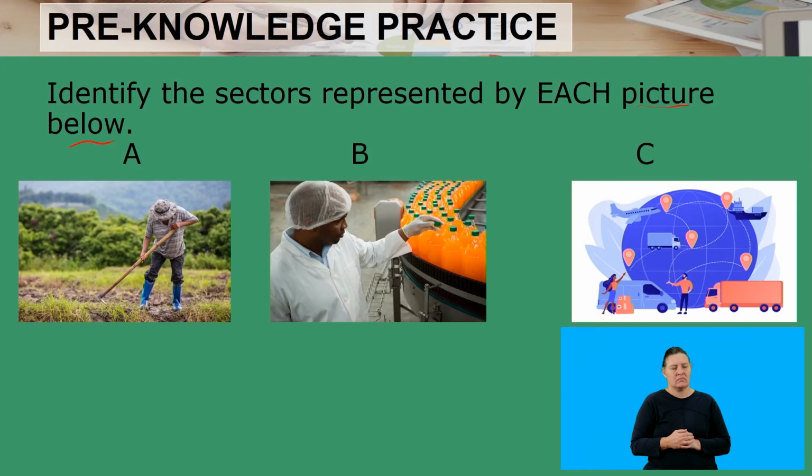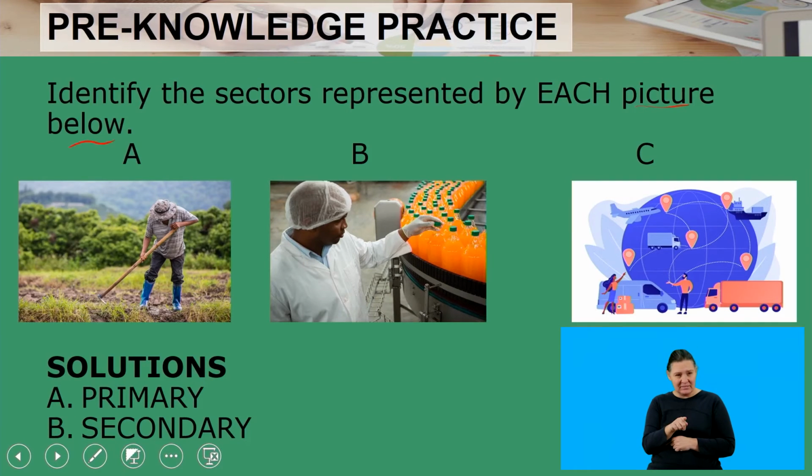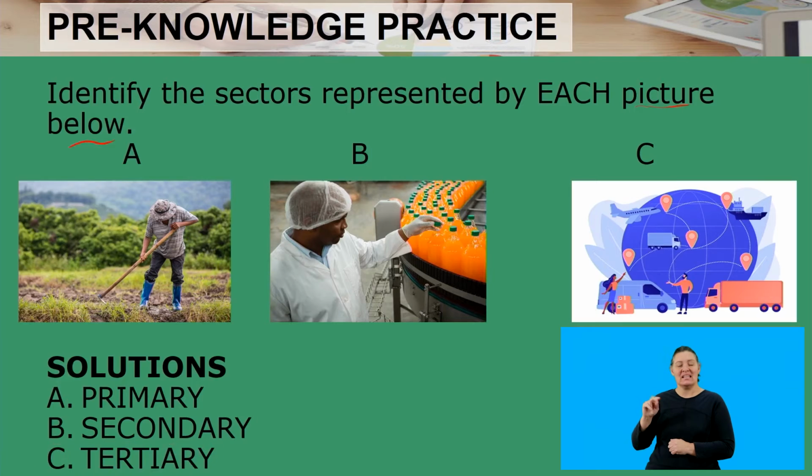You should know that picture A is representing the primary sector, picture B is representing the secondary sector, and picture C is representing the tertiary sector.